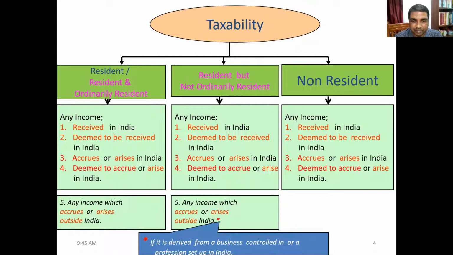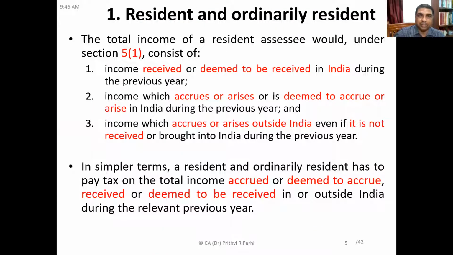Yes, sir. Okay. Now, what is the meaning of these provisions? Section 5 I'll be explaining to you: which kind of income will be taxable for different kinds of persons on the basis of residential status.